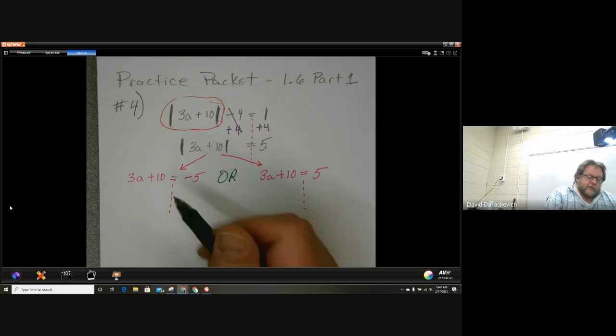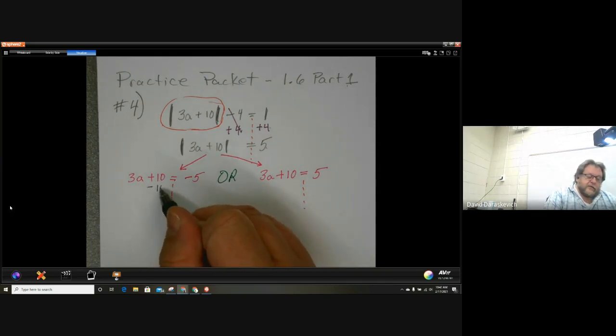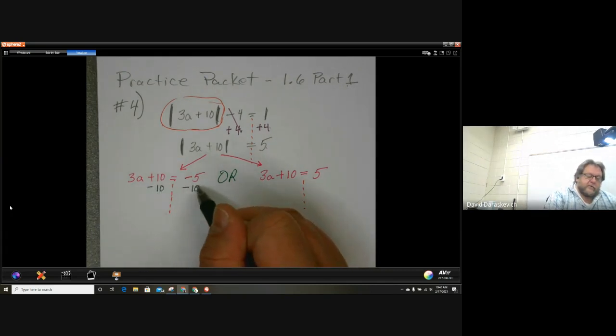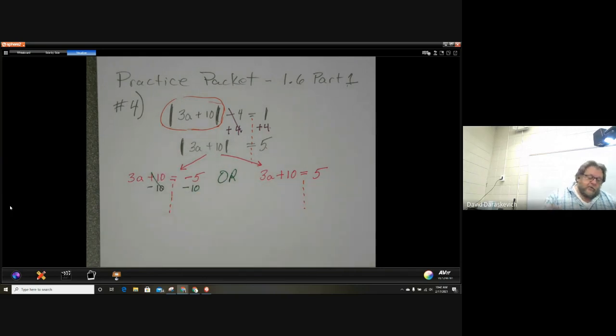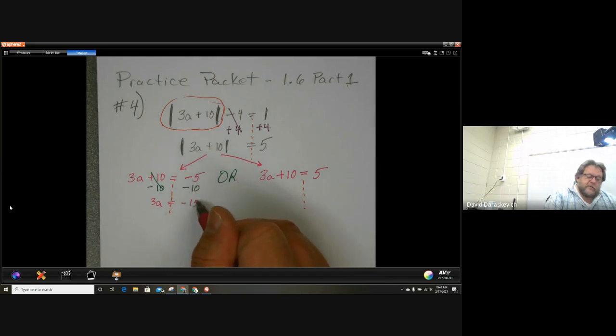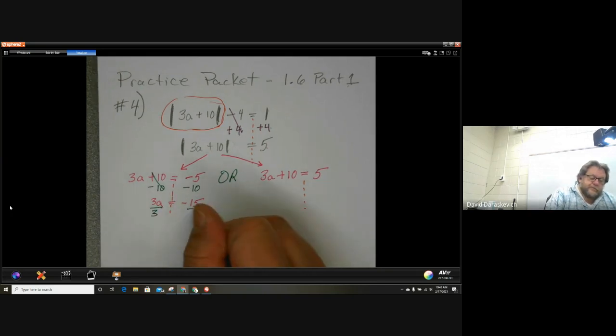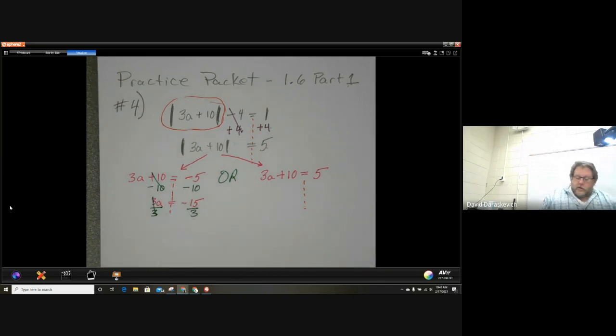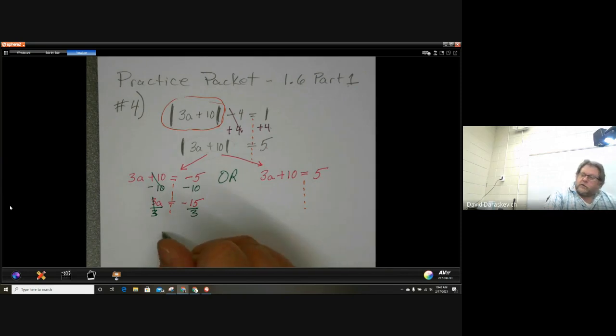Okay, I'm going to solve this equation. -10, -10, I get 3a equals -5 minus 10 is -15. Divide by 3. And a is going to equal -5.